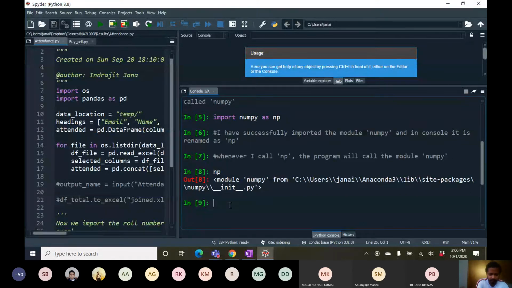Now this module contains many functionalities, right? Any module contains many functionalities. And we can find the list of functions inside a module by calling dir with the module name.